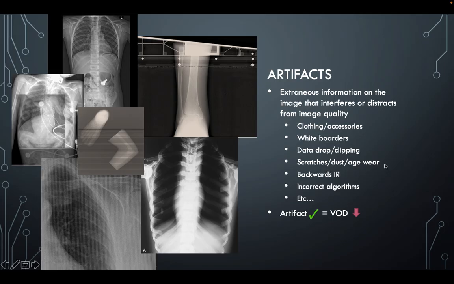Scratches, dust, wear, age. If you see anything that is obscuring anatomy that you want to see, you need to replace the detector and then you can re-expose your patient. Do not use the same detector if you are noticing something related to scratches, dust, age, wear, dead pixels.